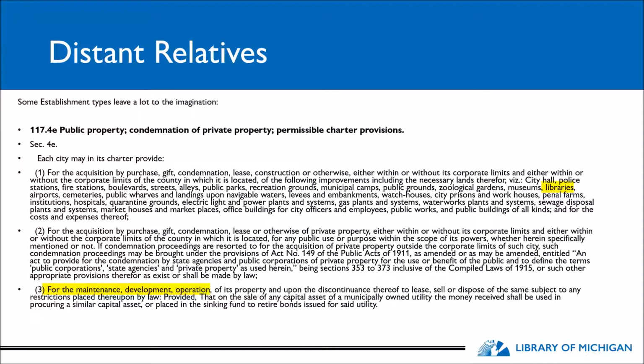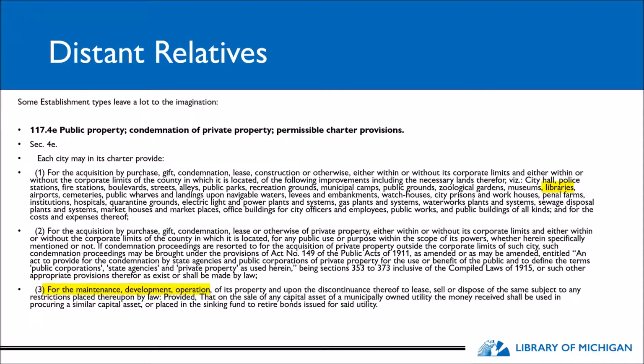The authority to establish a library for a home rule city is vested in its Home Rule City Act, but within a provision that permits the city to own or condemn property. The provision states that it can maintain, develop, and operate property for public purposes, such as City Hall, police, gardens, museums, and libraries. So it essentially mentions that a city may purchase a building to operate as a library.